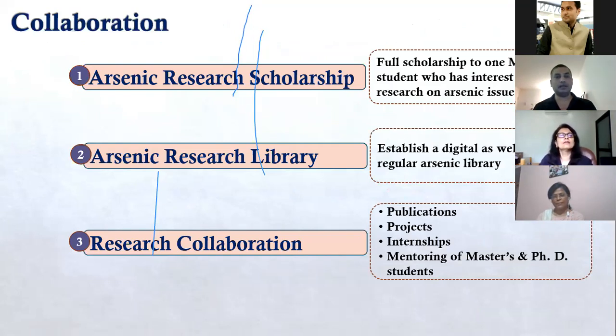I am planning to start an arsenic research scholarship. It will be a full scholarship to one master's student who has interest in pursuing research in arsenic related issues. Every year there will be one scholarship, and it will cover all the costs of that student. That's one that I'm proposing today.